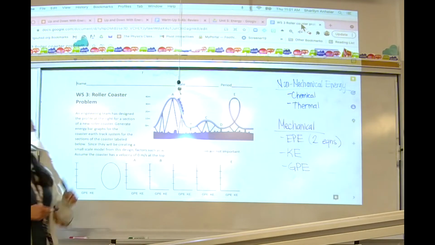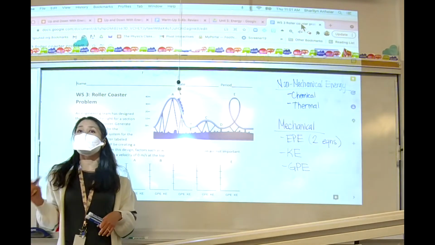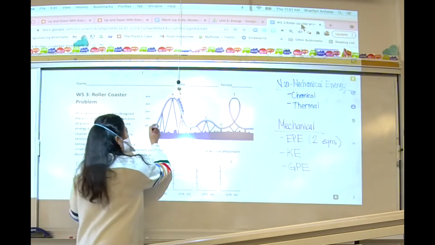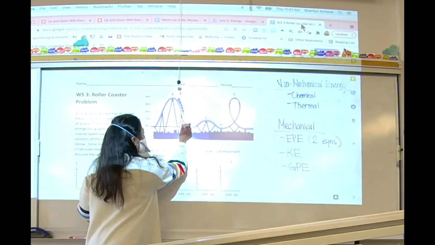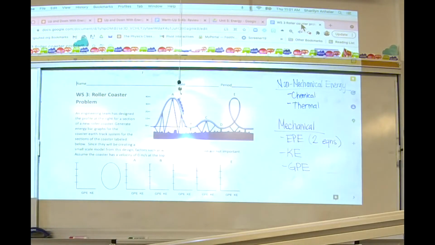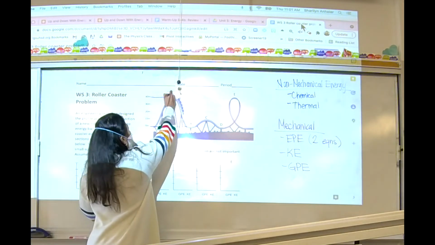I want you to notice something. In our diagram, they define the height for you. So they tell you the height at 0 is not necessarily on the ground. It's the lowest point of your roller coaster. And then we've got our maximum height at 40.